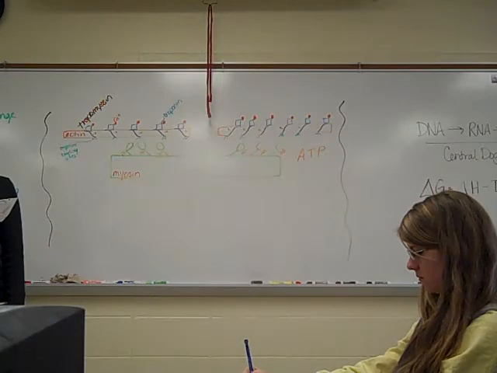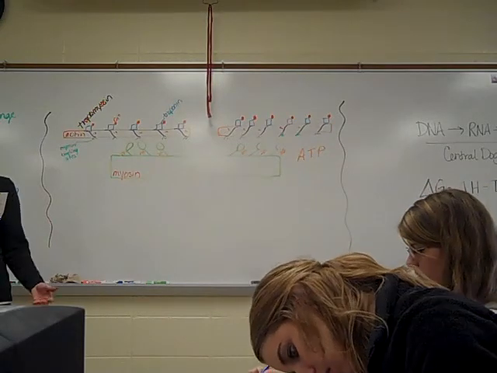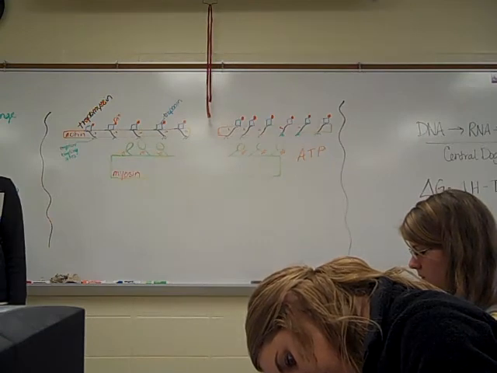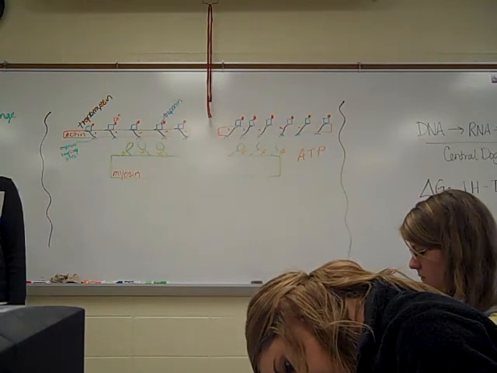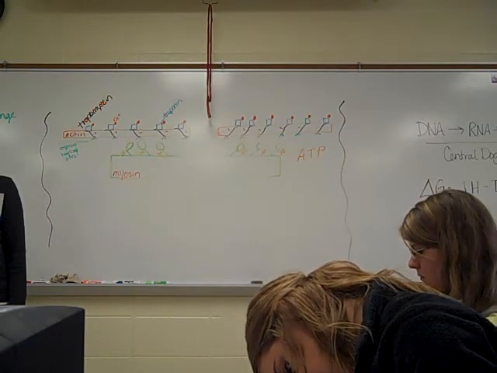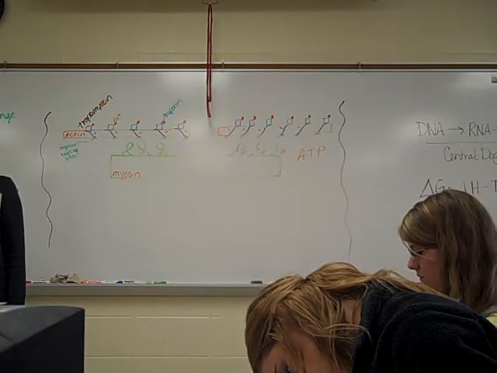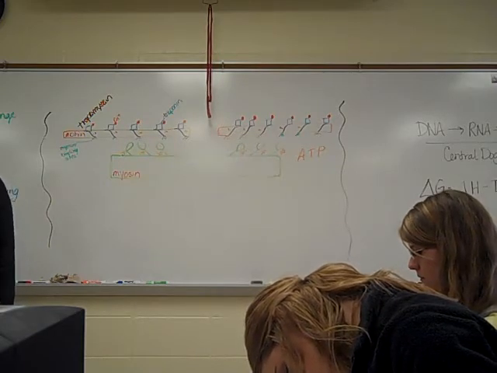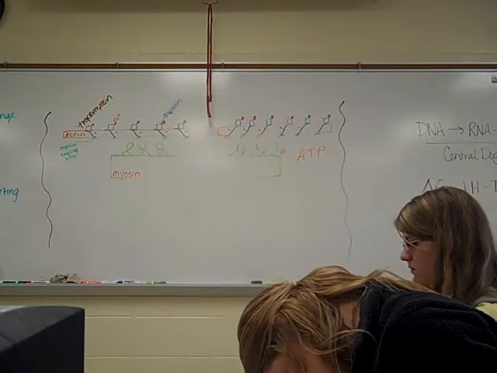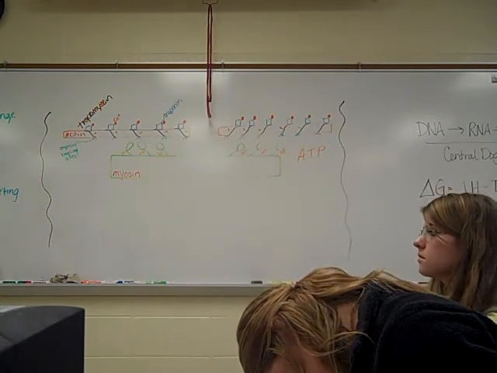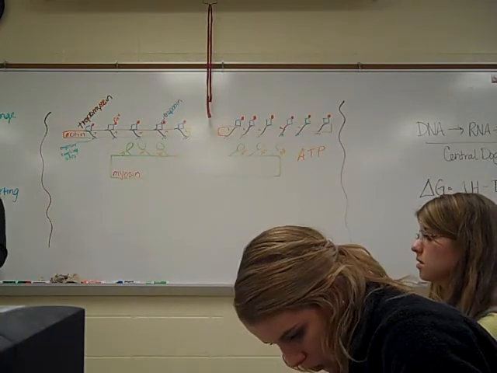Travels down the T-tubule. That's fine with me. I might leave out a couple of non-important words. Starts its journey down the T-tubule. And if you want to put sewer system or whatever, if you want to add your little bits to it, you can.